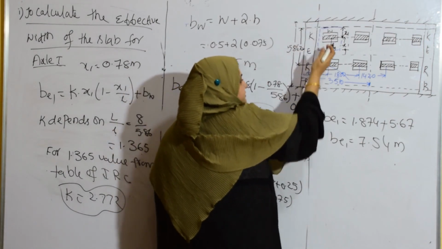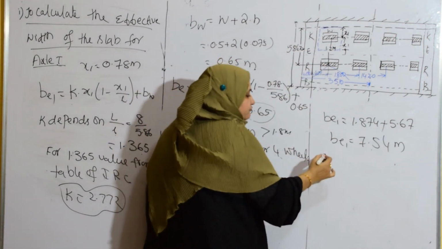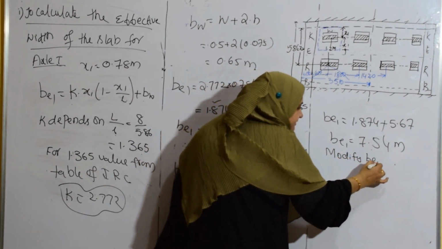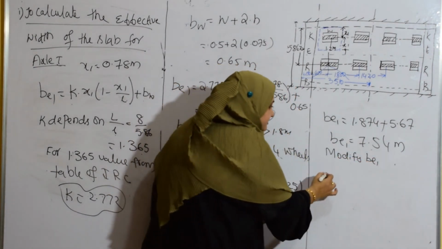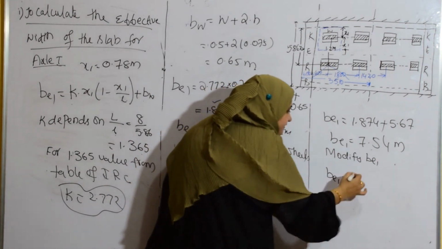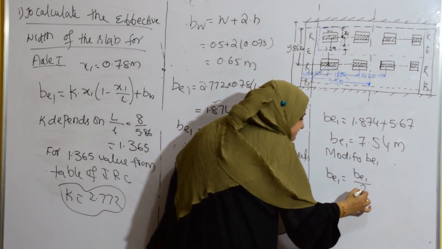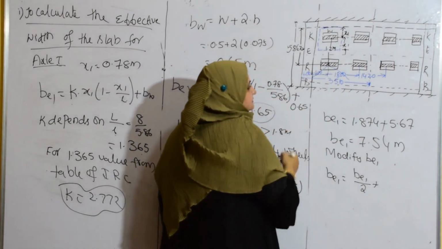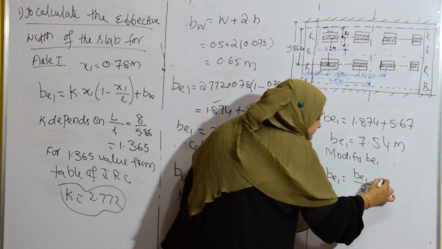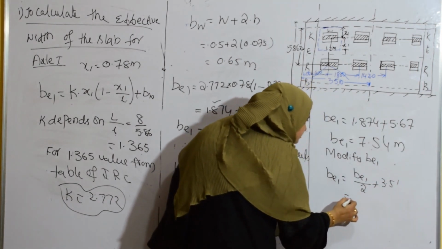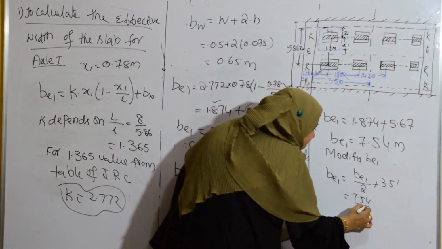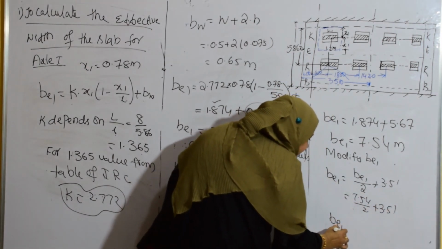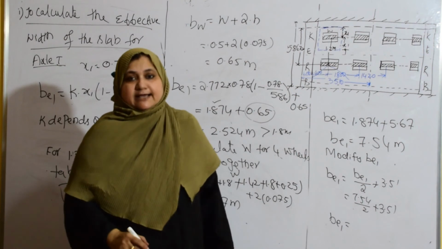This is the support. So it may exceed the free edge, so we have to modify this value. Modify BE1. So how to modify? BE1 is equal to whatever you got, divided by 2, plus half the carriageway width, that is 3.51. So 7.54 divided by 2 plus 3.51 will give you the effective width for the first axle.